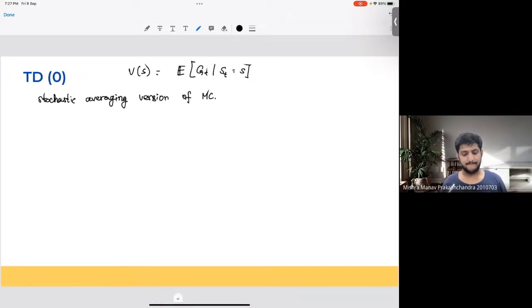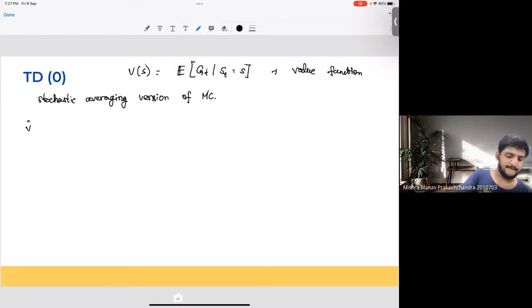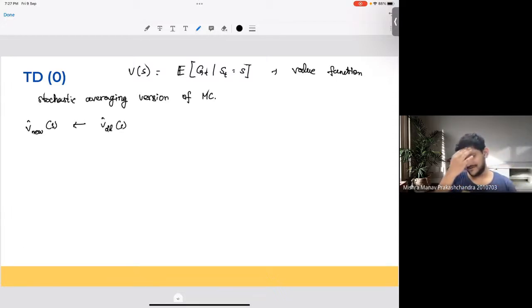The way it works is, let's say this is my value function. If I want to define the stochastic averaging method for my value function, you have this age-old method that we looked at in week 1 or I think week 2.